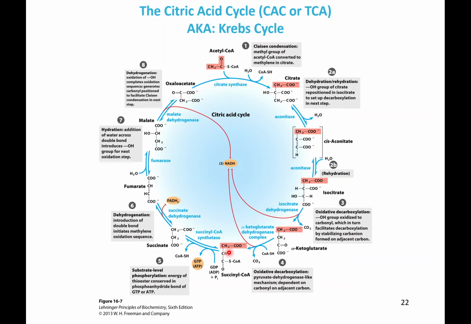You'll notice too that we stop showing the highlighted carbons at this step, and that's because succinate now is a symmetric molecule, so those carbons can be on either side. So you lose the tracking ability there.